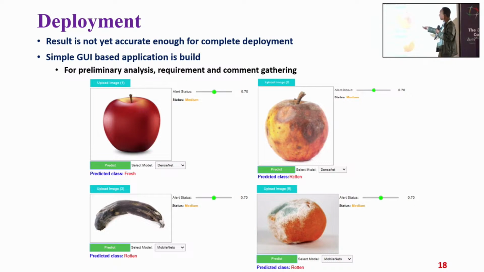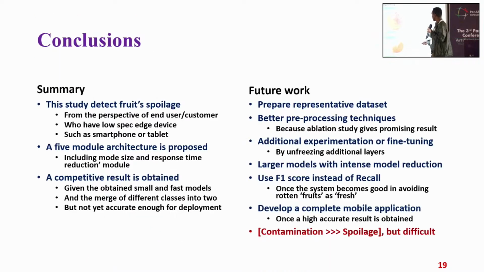So this is for formality. And we will not deploy this for public consumption. It is not yet accurate. And as a conclusion, this study detects fruit spoilage from the perspective of the end user using a 5-module architecture, and the end user has 3 conflicting requirements, having a low-spec smartphone, and the obtained result is competitive, even though it is not yet matured enough.